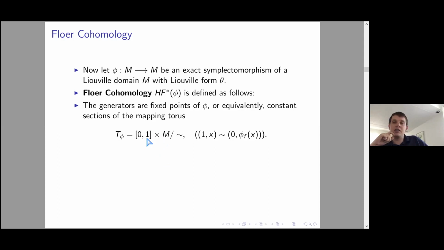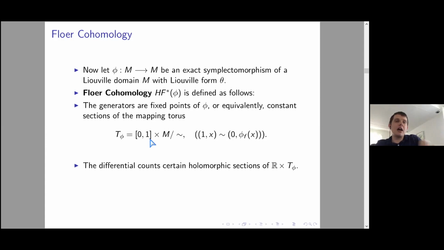Another way of saying it is that there's a natural flat connection on [0,1] cross M, and you look at the covariantly constant sections. And there's a correspondence between those sections and fixed points.